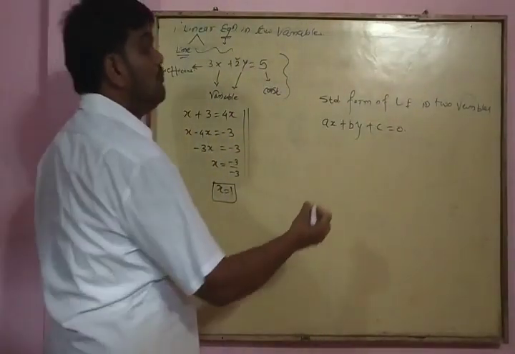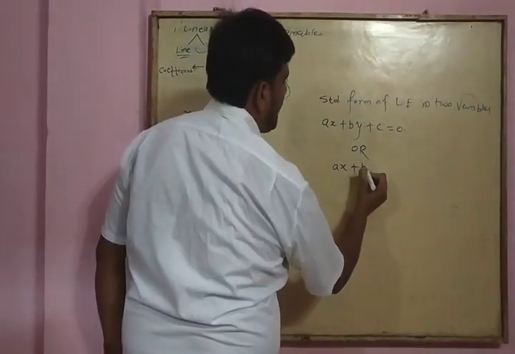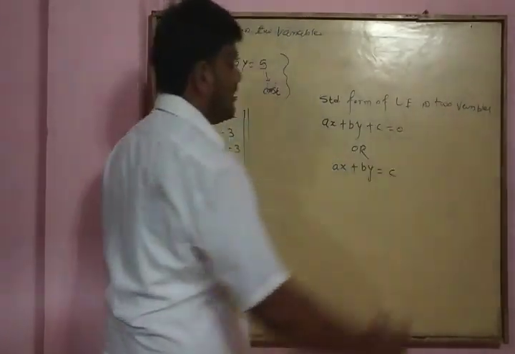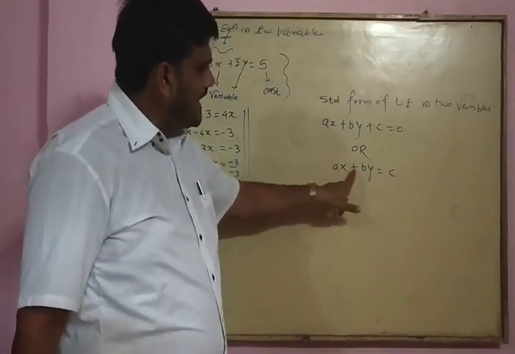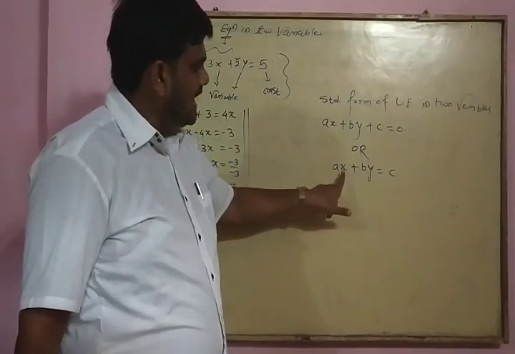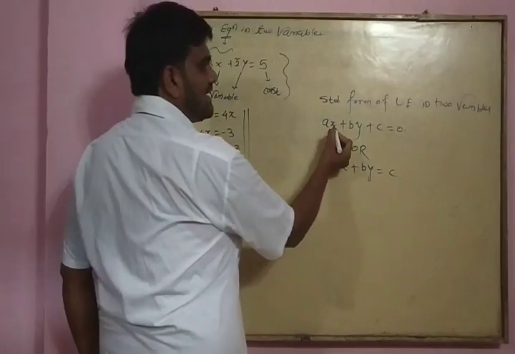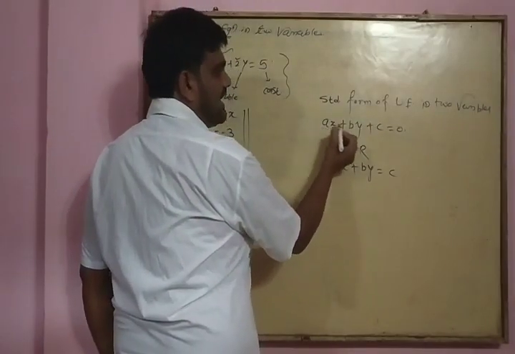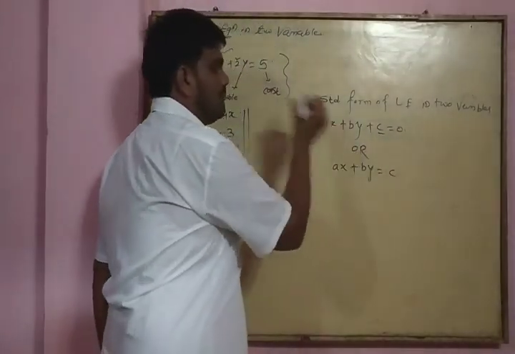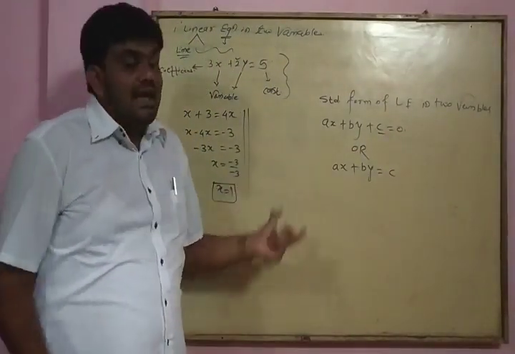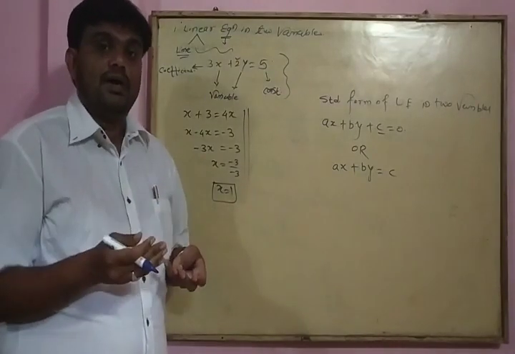Sometimes you may see it as ax plus by equal to c, where c is the constant term, a and b are the coefficients, and x and y are the variables. In this way you can learn the linear equation in two variables.